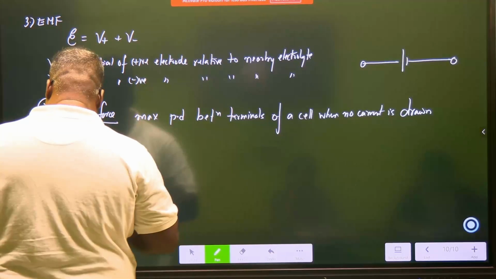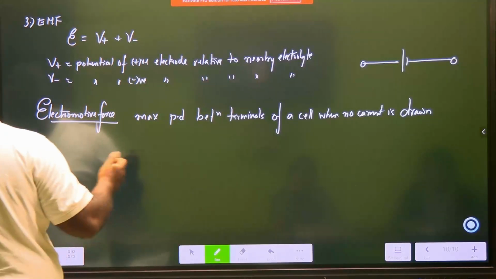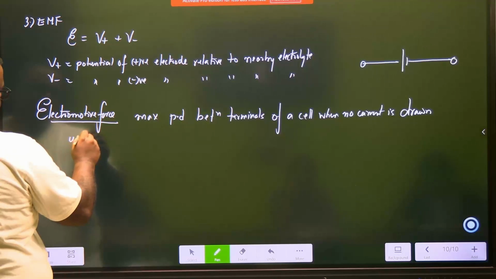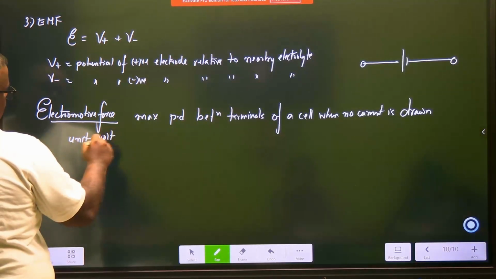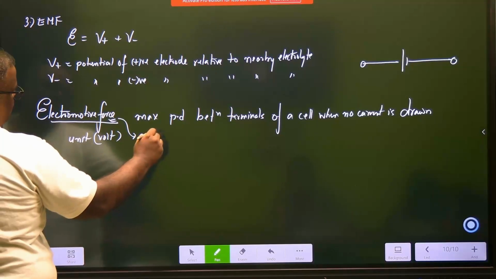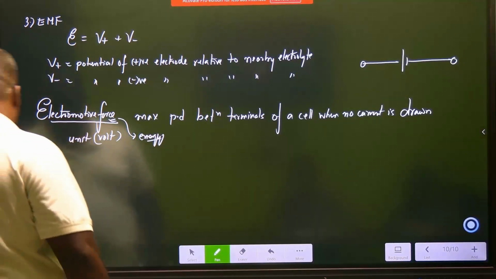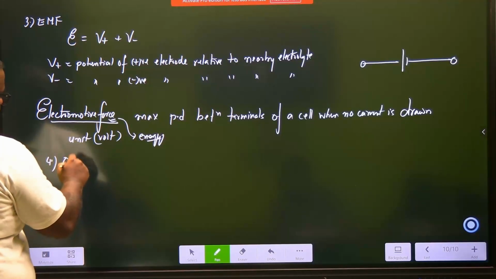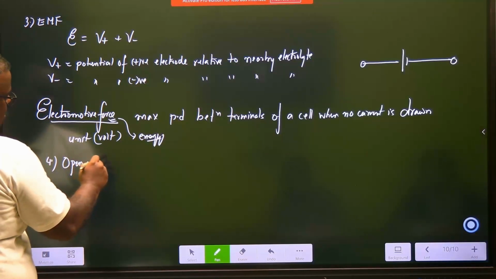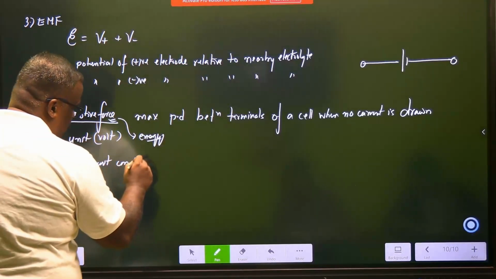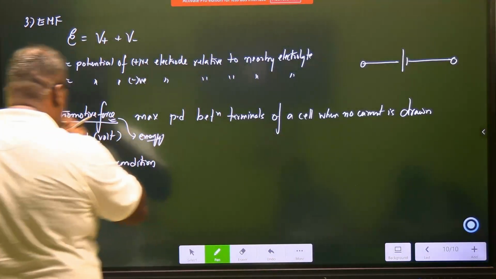So we say no current is drawn and the unit is volt. Although this is called force, this is basically energy, the form of energy. So let's see open circuit condition. Open circuit condition means the external circuit is not connected.